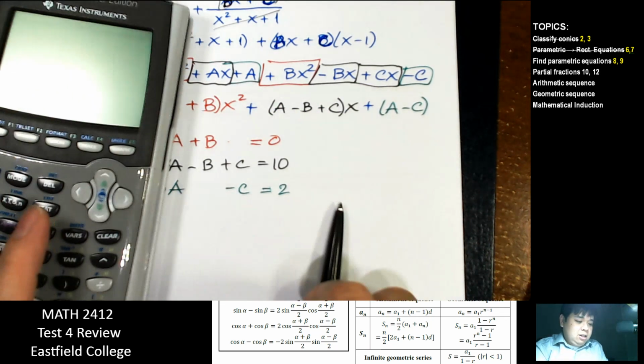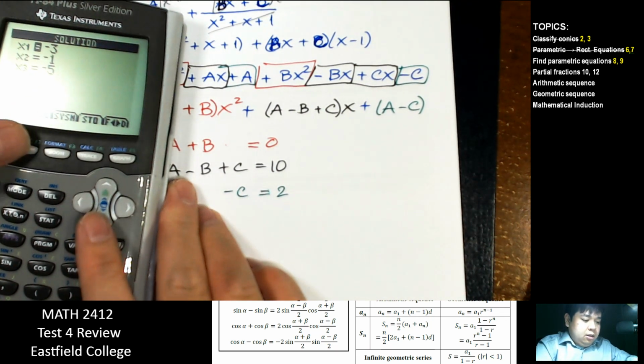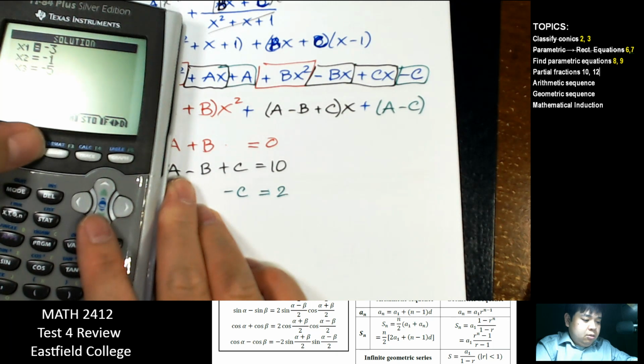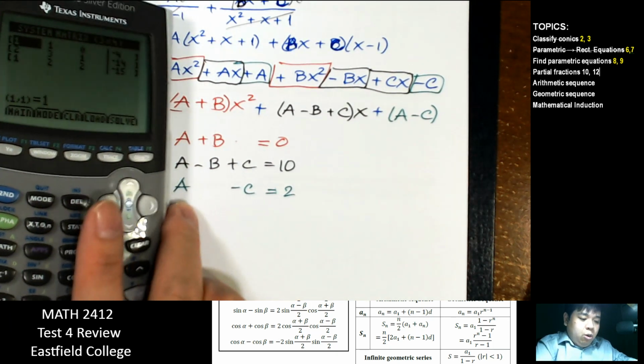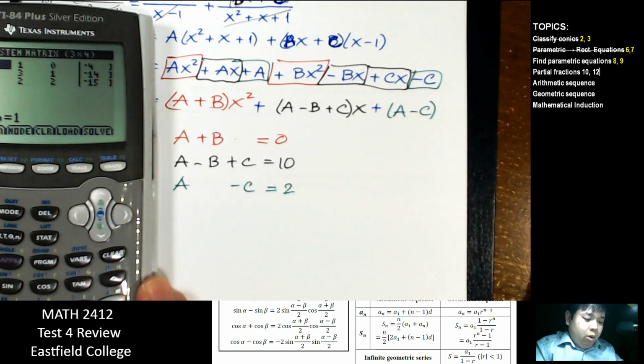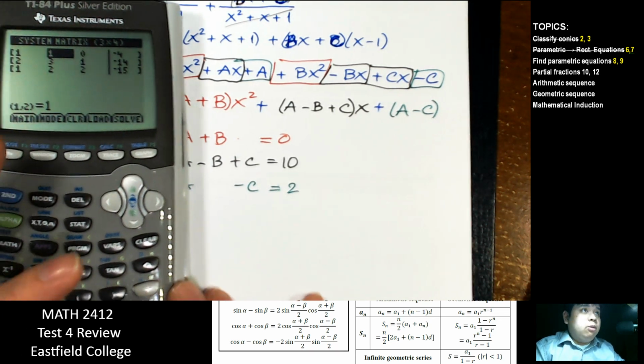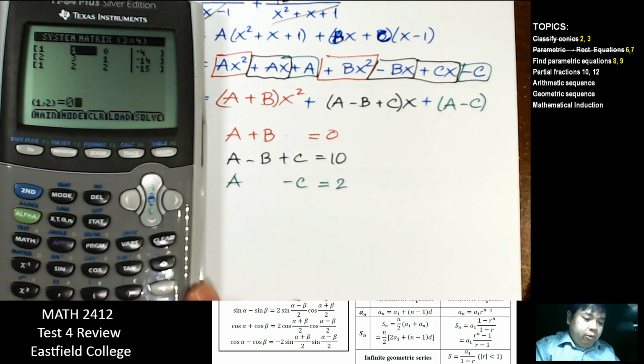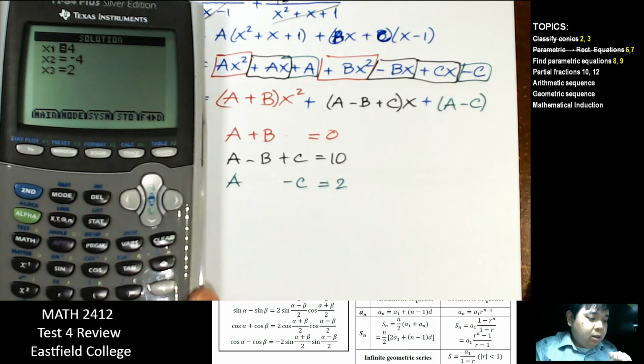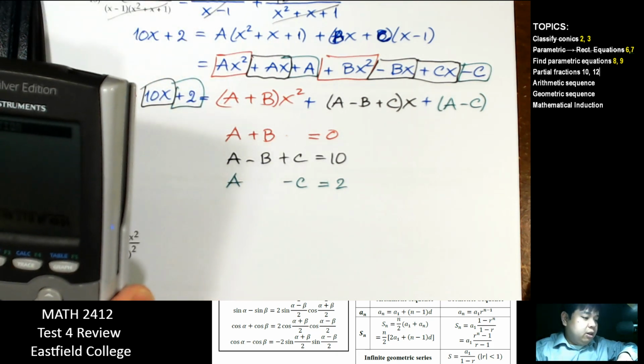Right. The coefficients: 1 for a, 1 for b, 0 for c, and 0 there. 1, negative 1, 1, and 10. 1, 0, negative 1, and 2. Right, we have 4, negative 4, and 2.